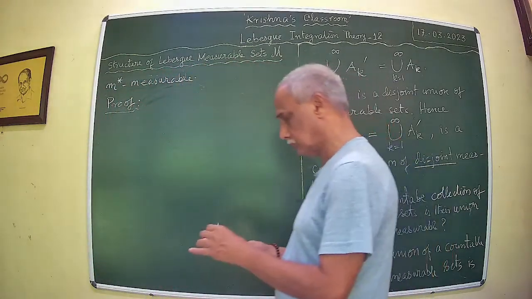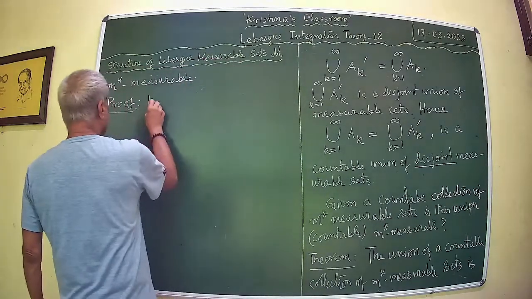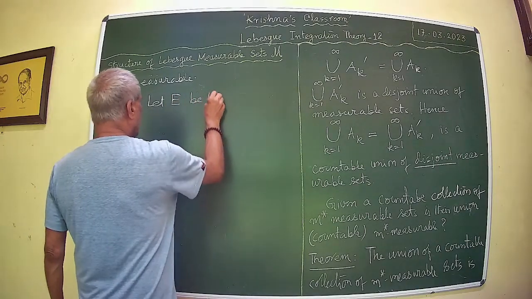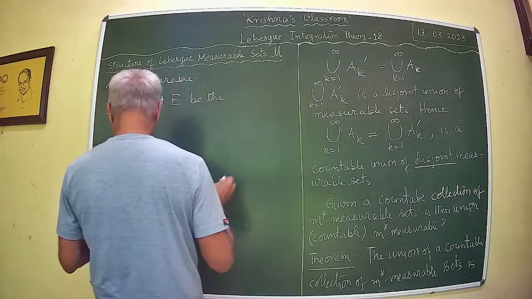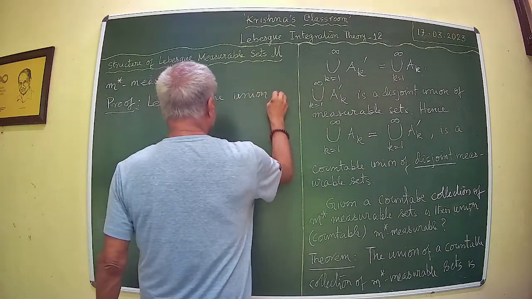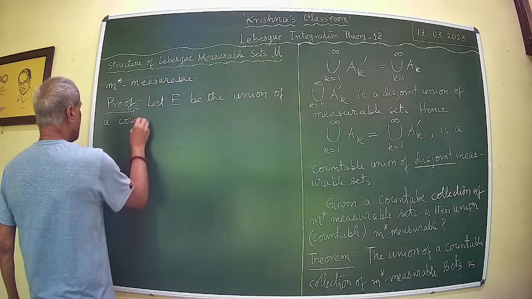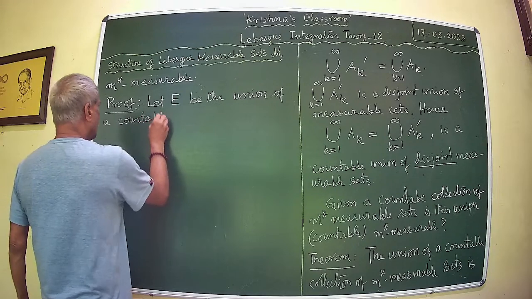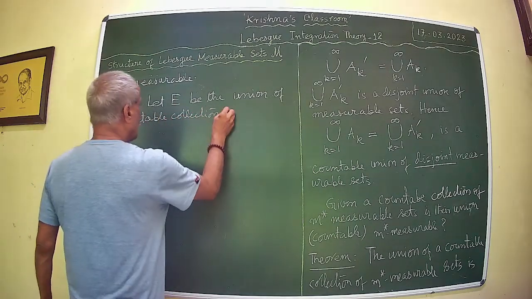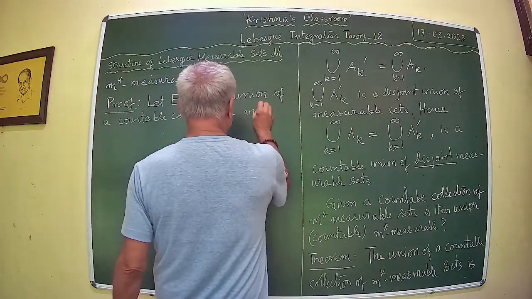So let E be the union of a countable collection of M star measurable sets.